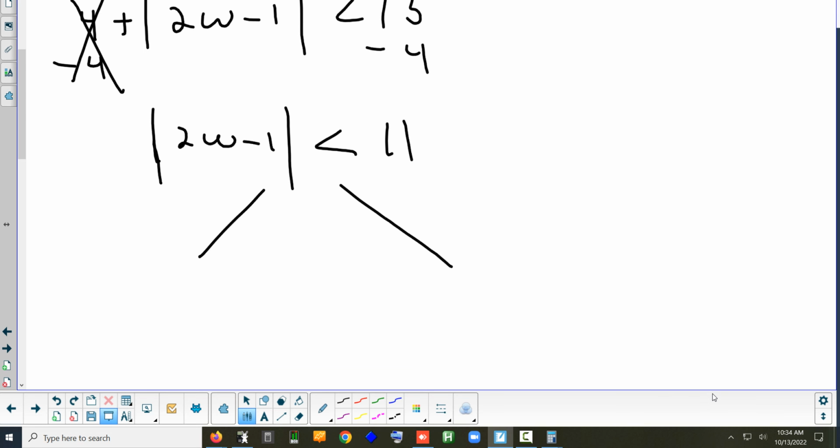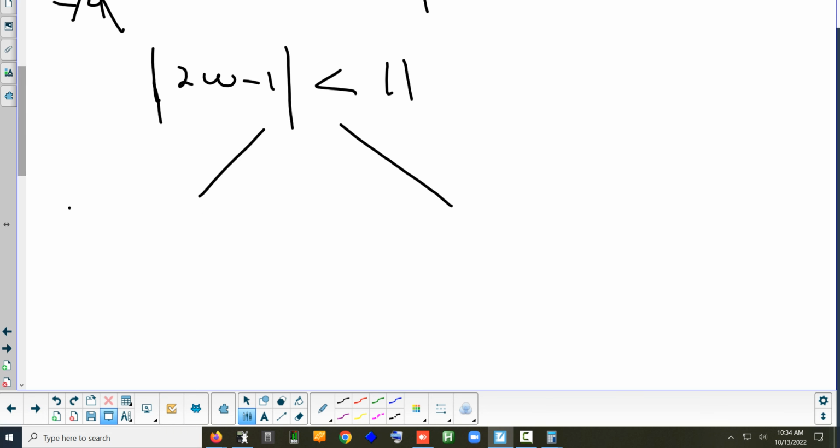So we're at the point where we can split it. Caleb, what was your first inequality? My first inequality was 2w minus 1, and I left it positive. And anything else? Oh, minus 1 less than 11. Less than 11. Okay.